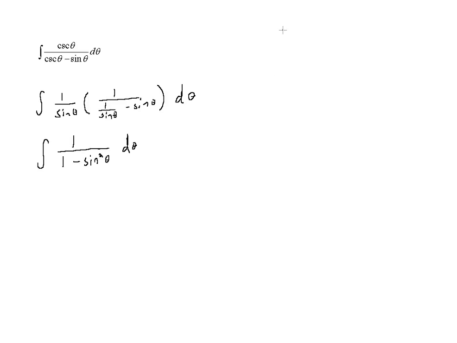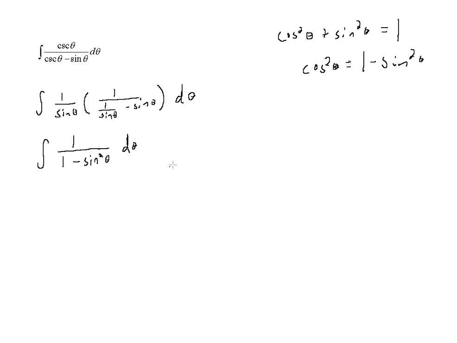Well, what about thinking about the Pythagorean identities again? We have the cosine squared of theta plus the sine squared of theta equals 1. So solving for the cosine squared of theta, I get 1 minus the sine squared of theta, and look, that's what I have in that denominator.